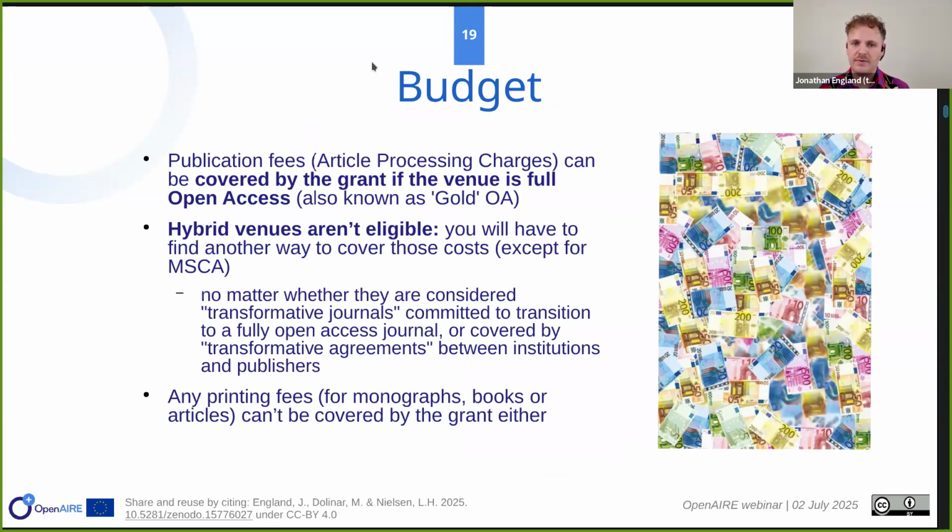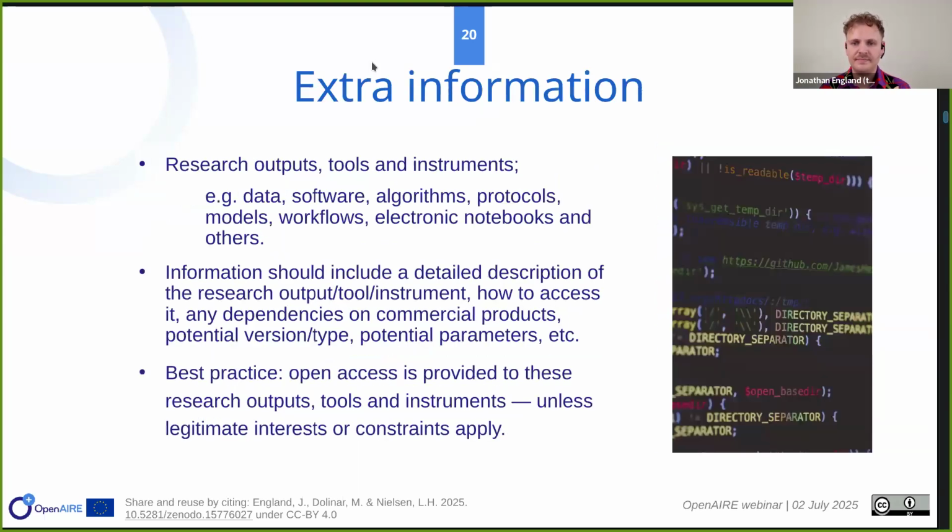As I mentioned before, you are allowed to publish in hybrid venues, but you cannot use the grant money to cover this. You need to find other ways to cover the APCs for those. And as with H2020 and a lot of funders, any printing fees, color charges and this kind of thing cannot be covered by the grants either.